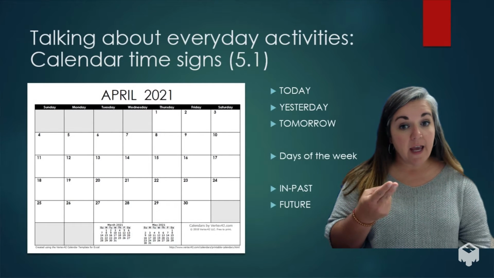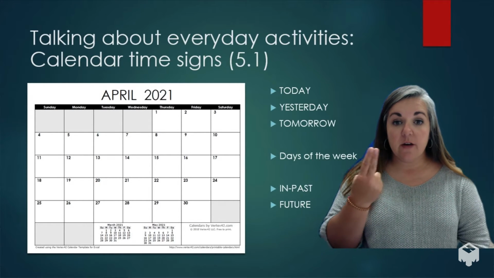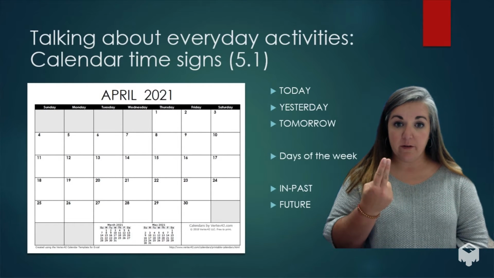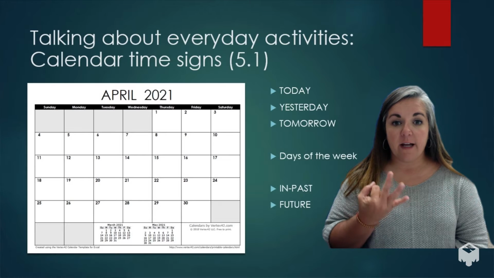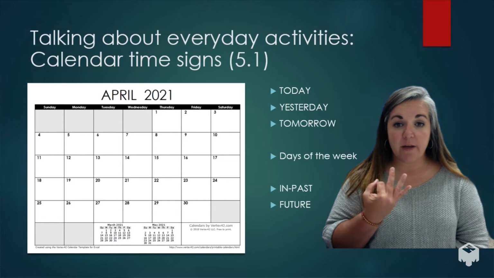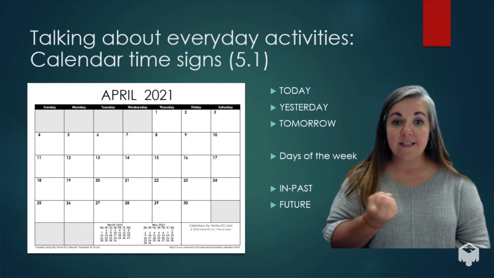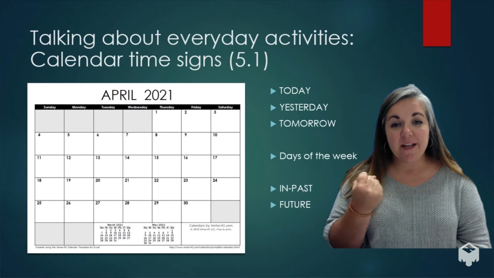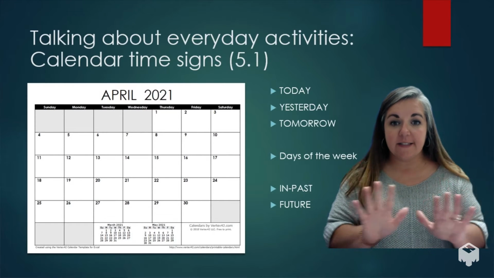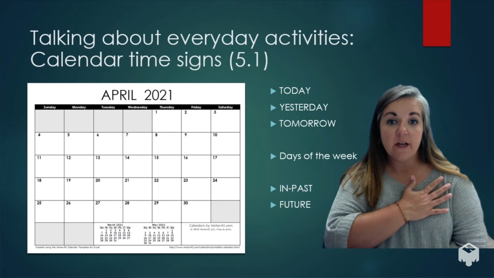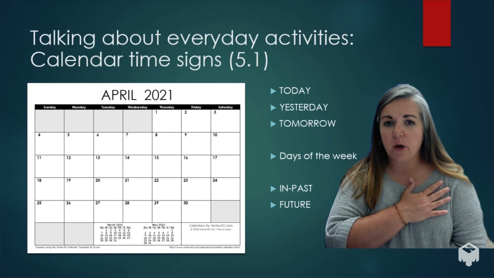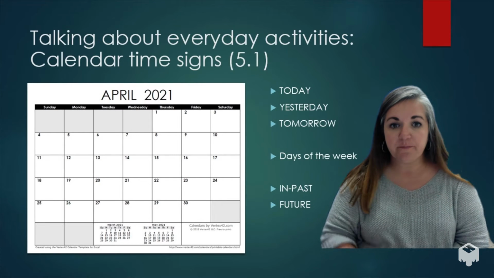Thursday is actually an H hand shape, pointed upwards, with a circular movement and your palm facing you. Friday is an F hand shape with circular movement. Saturday is an S hand shape, circular movement. And then Sunday. Okay, there's actually two signs for this. This is one that I use. This is one that I've also seen, more of an older generation type sign.